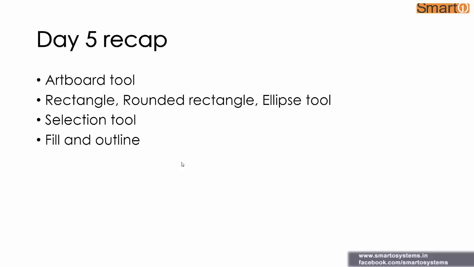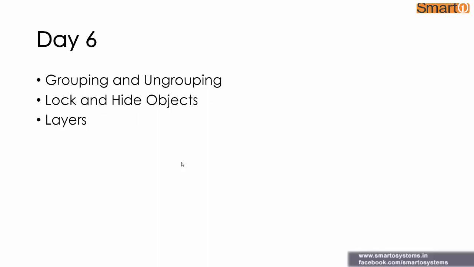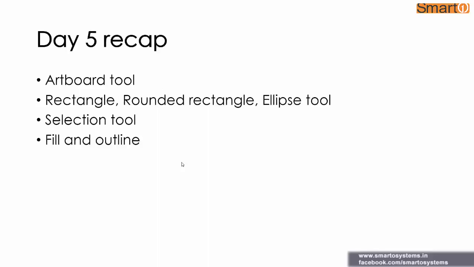Then we learned about filling color in shapes and then changing the outline colors and the weight of the shapes. So let's see what all we are going to learn today. One thing I didn't cover in day 5 is what if you don't want to fill any color in your object.